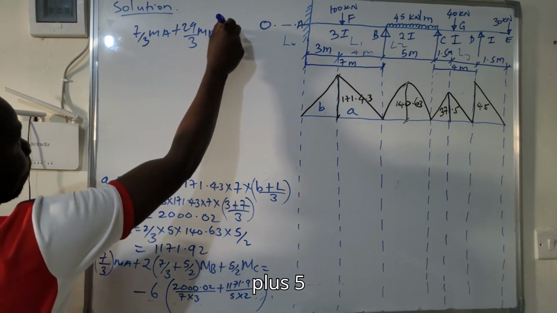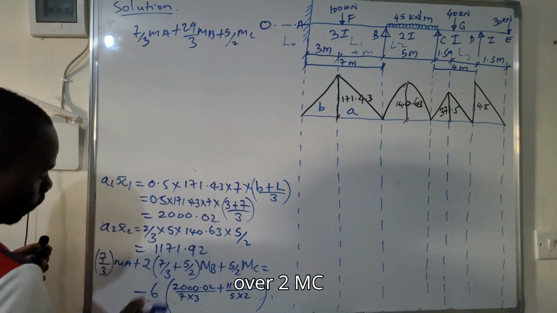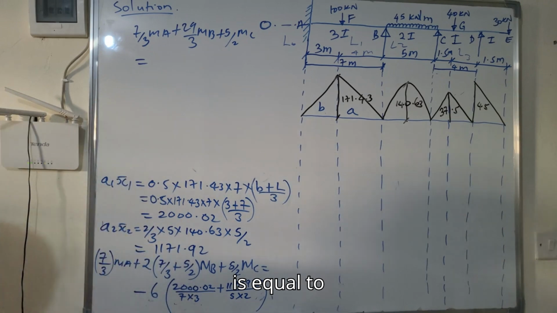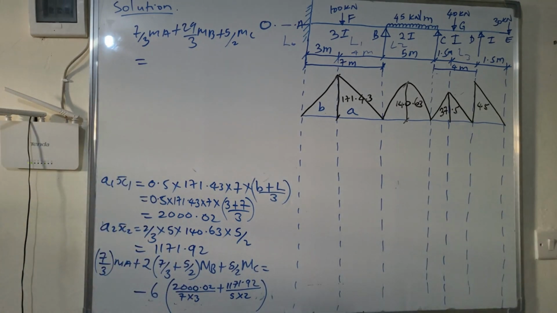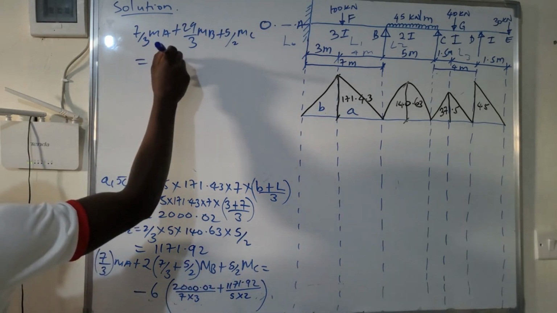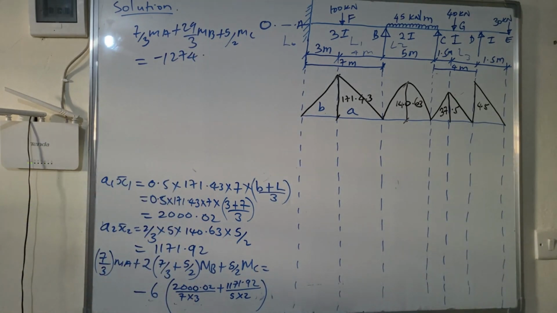plus 5 over 2 MC is equal to negative 1274.59.